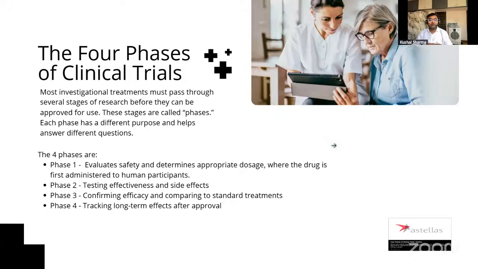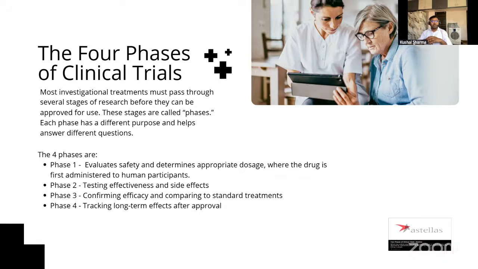There are four phases of clinical trials: phase 1, 2, 3, and 4. Most investigational treatments must pass through several stages of research before they can be approved for use. These stages are called phases.